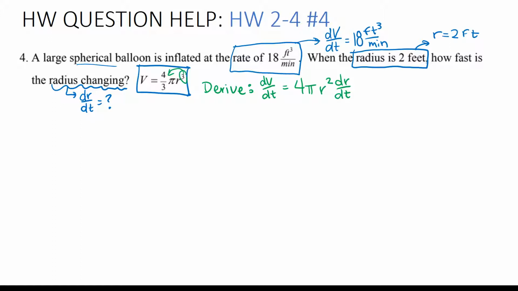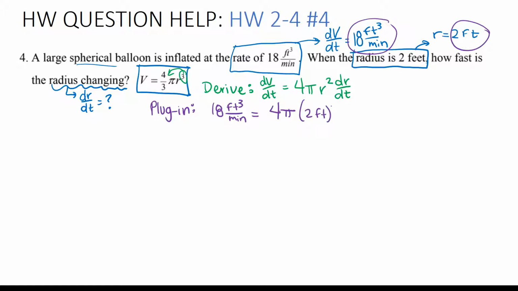And now that we have our derivative, we can plug in all of our info. So we're going to plug in our givens. Right off the bat, we have our dv dt is given to us up here. And our radius is 2 feet. And we're just left with our singular variable dr dt, which is what we're going to be solving for.